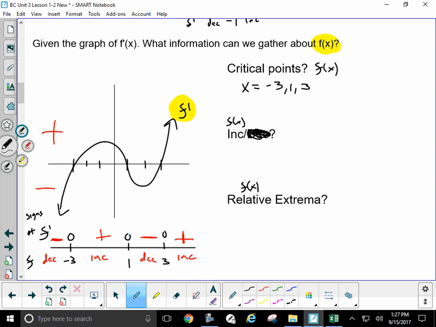We would say it's increasing from -3 to 1, but not including -3 and 1, because we are not increasing at those points. We are constant at those points, which is why I have these open brackets. And then we are also increasing from 3 to infinity. You can use these open brackets again, because that's when f prime is positive. If you'd like, you can use the inequality notation: from -3 to 1, and then greater than 3.